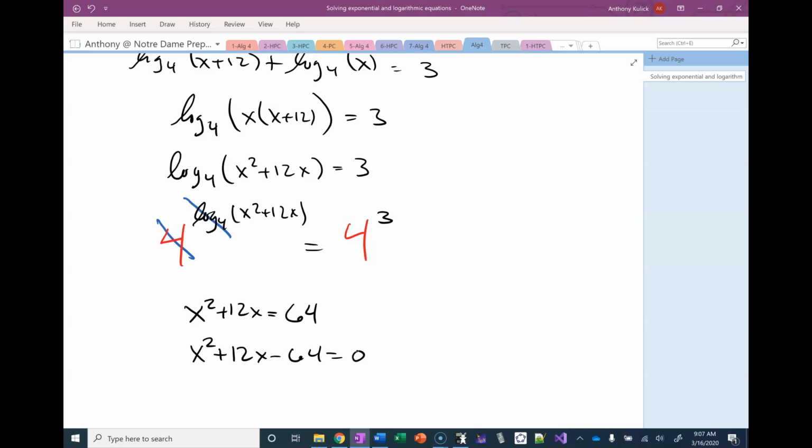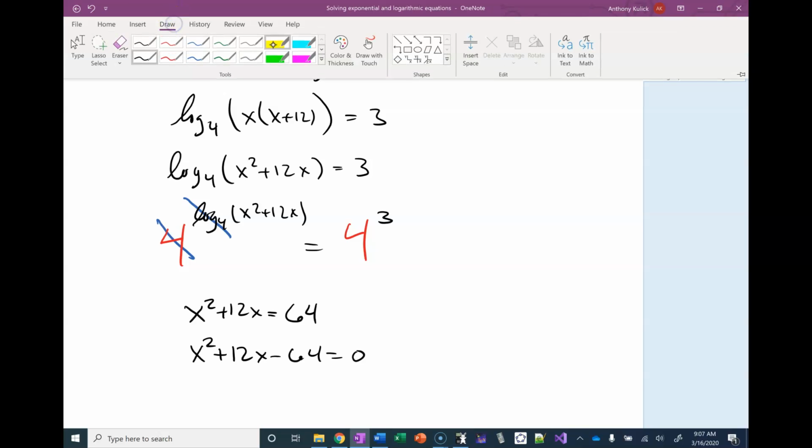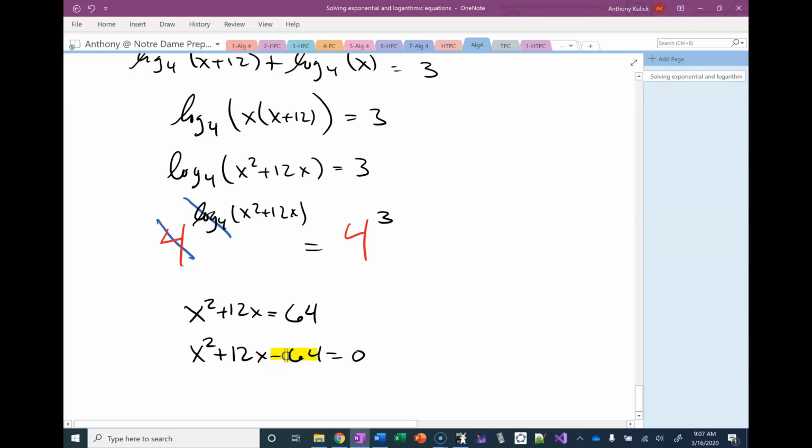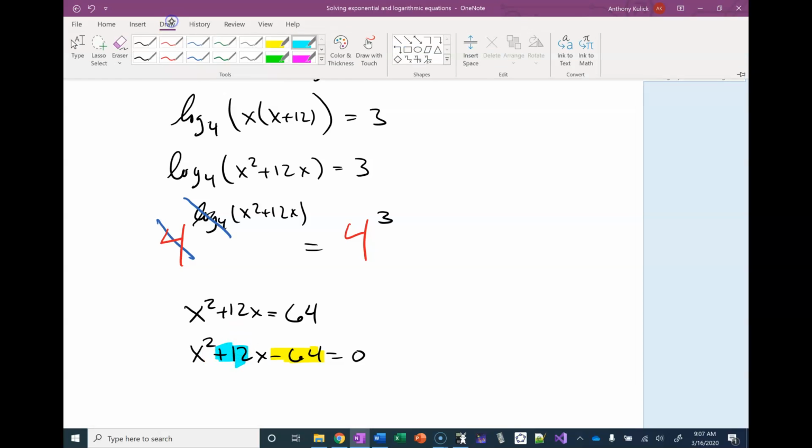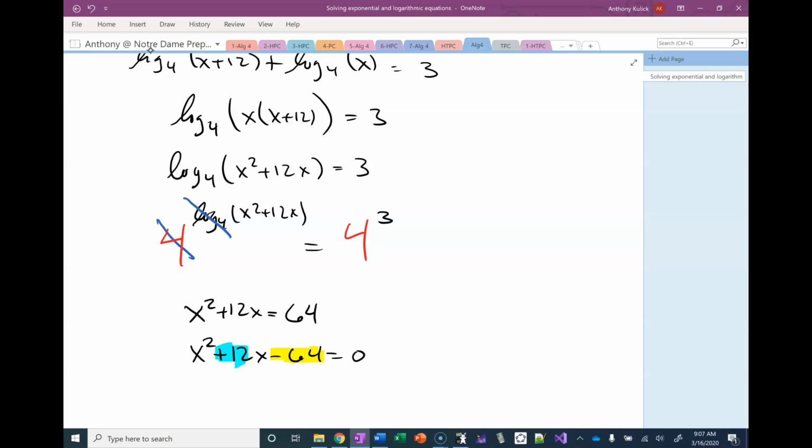To me, it seems like this is just going to be easier to factor. So I'm looking for two numbers that multiply to give me negative 64 and add to give me positive 12. So those two numbers are, I got them. Did you get them yet? Positive 16 and negative 4.